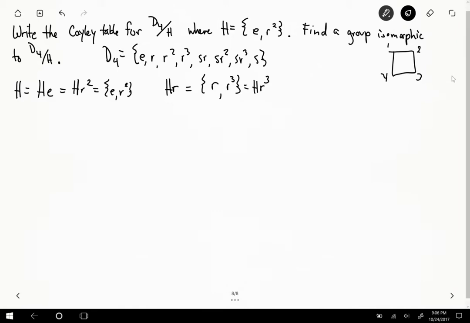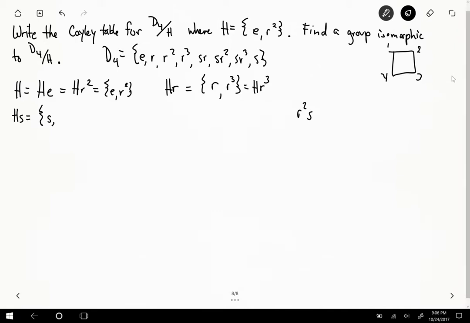Next one, let's do H and S. This might take a little work, and we'll do that on the side. First off, you have S. That's not too bad. And then the next one you have R squared S. You might say, uh-oh, what happens here?